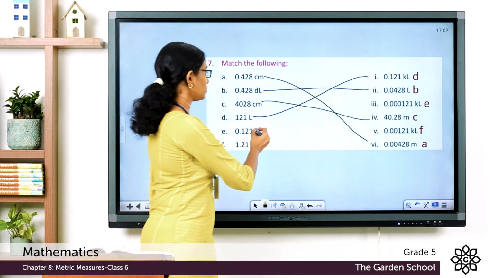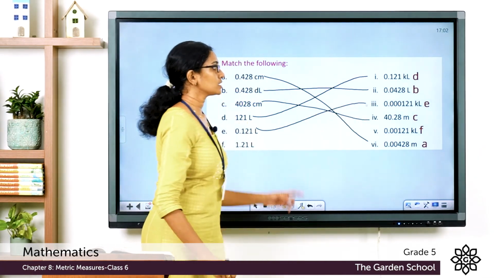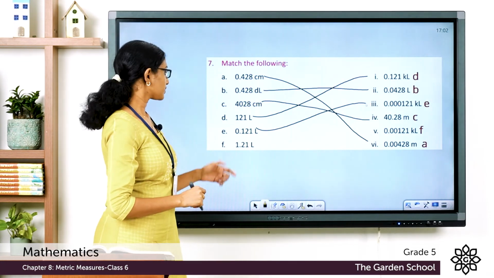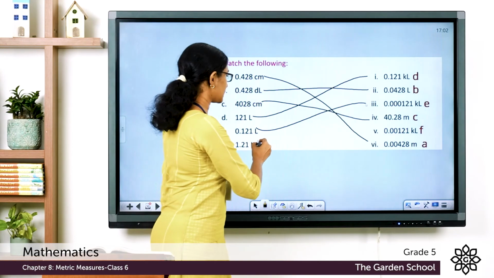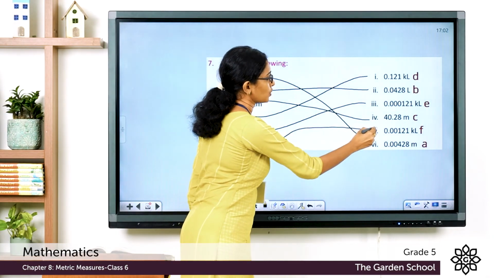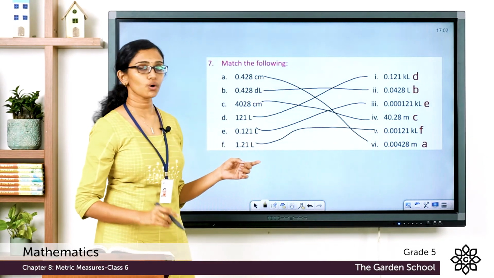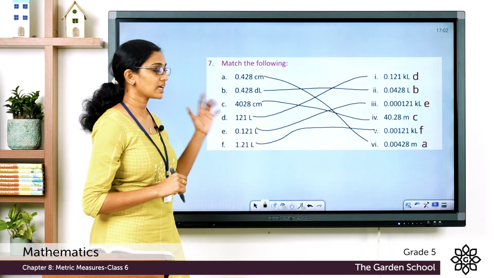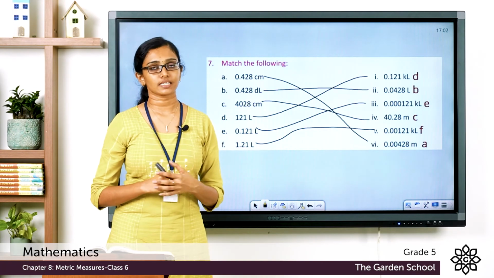It is equal to 0.000121 kiloliters. Now the last one, 1.21 liters. It is equal to 0.00121 kiloliters. So we have come to the end of this revision station exercise.